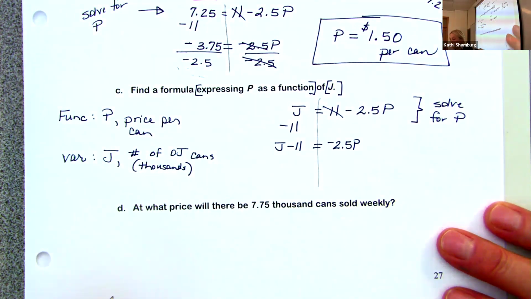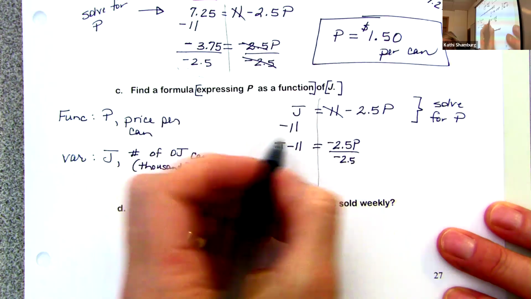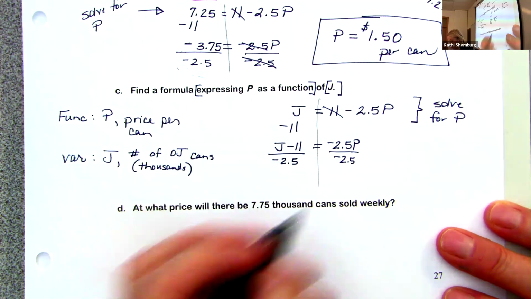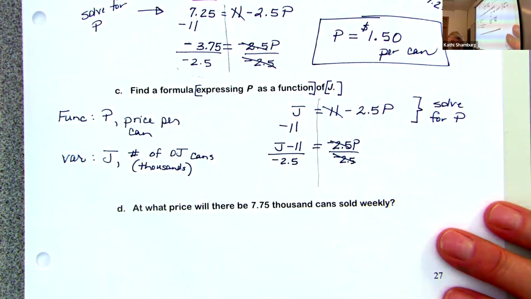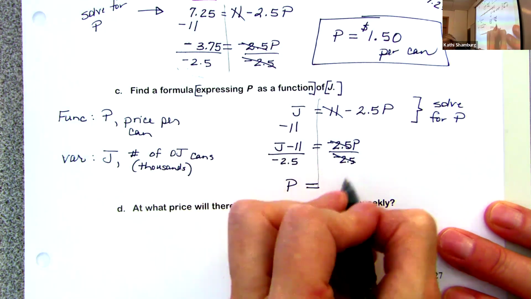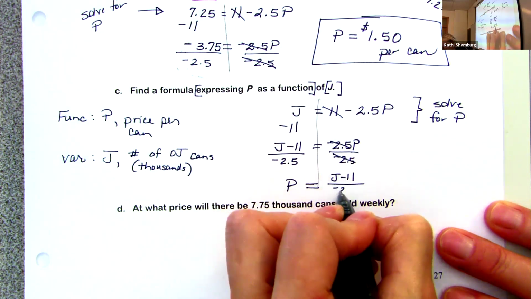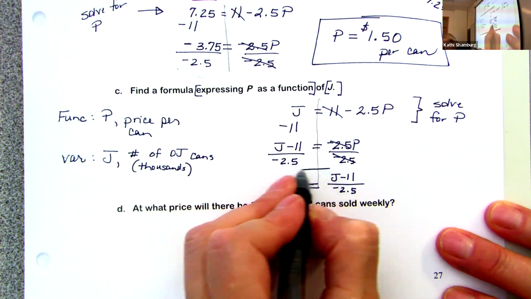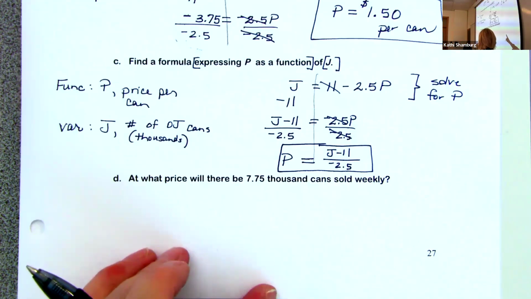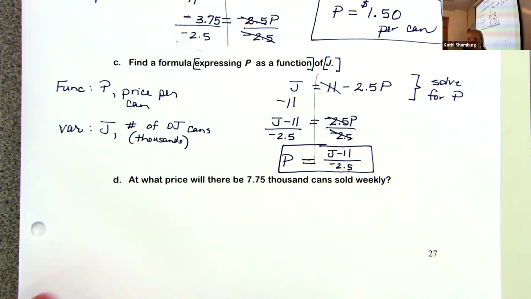And then just like above, we divided both sides by -2.5. That cancels. So we're left with P equals, and my numerator is J minus 11, and my denominator is -2.5. Not necessarily a pretty formula, but now I do have it as the function P in terms of the variable J, which is what it asks for.